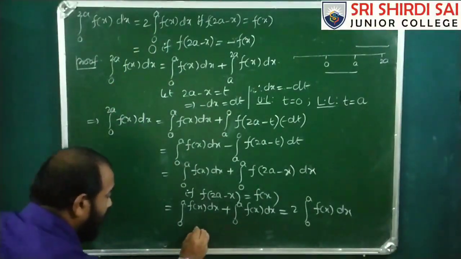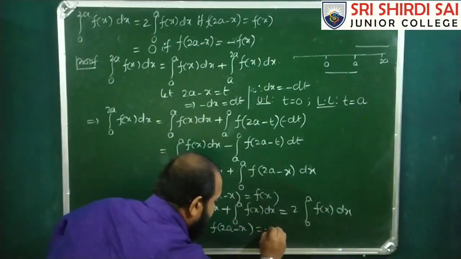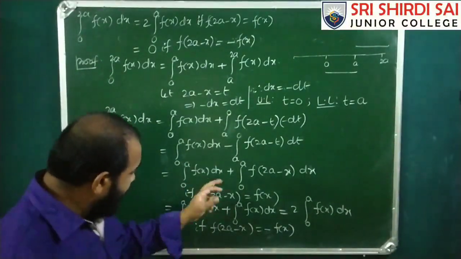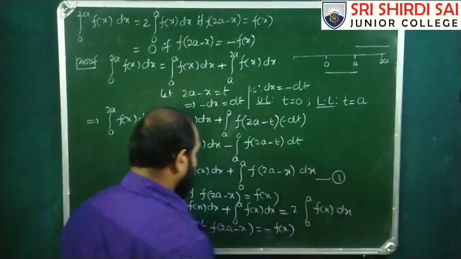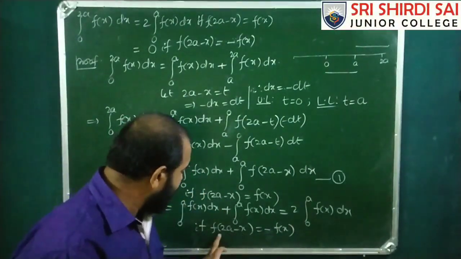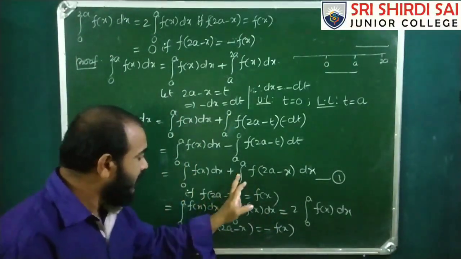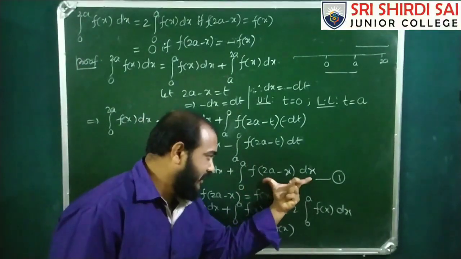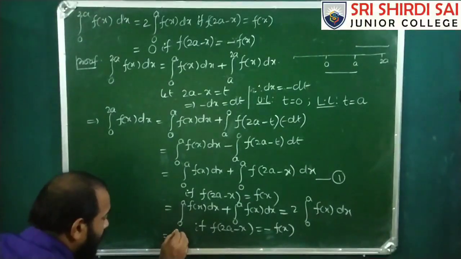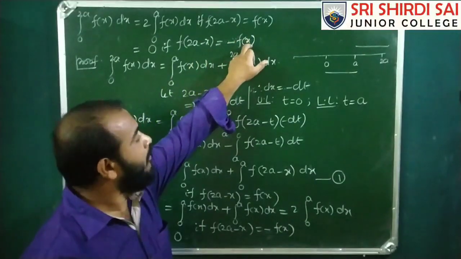And if f of 2a minus x is equals to minus f of x, then in 0 to a f of x dx, f of 2a minus x is minus f of x. This integral 0 to a f of x dx minus integral 0 to a f of x dx gets cancelled, and we are left with a 0. So this is equals to 0 if f of 2a minus x is equals to minus f of x.